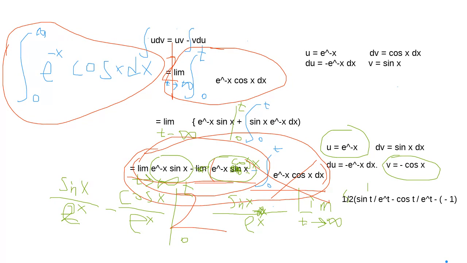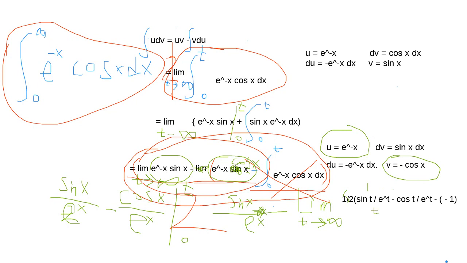Limit when t approaches infinity, sine t over t. Sine t over t. That's not e to the t. Let's multiply the first term by t over t.